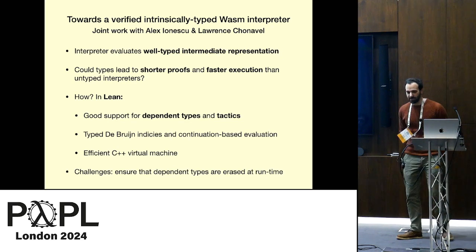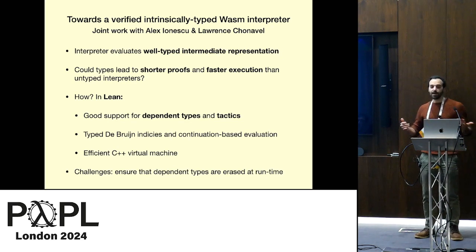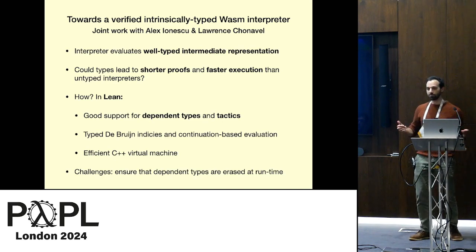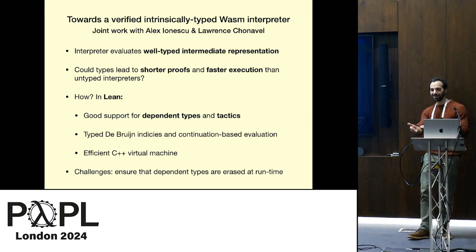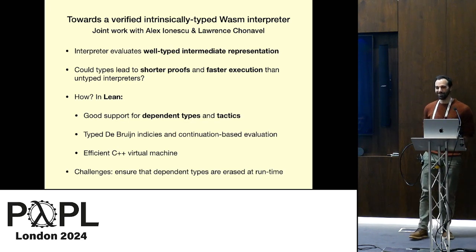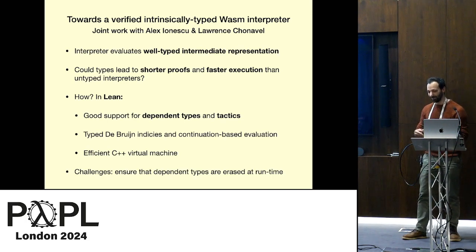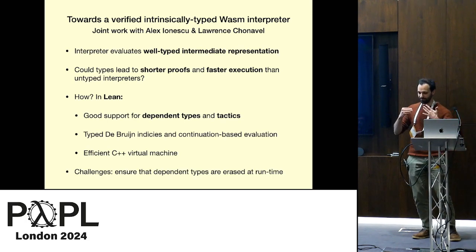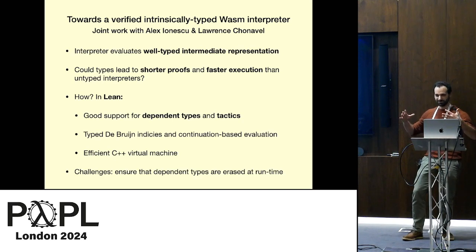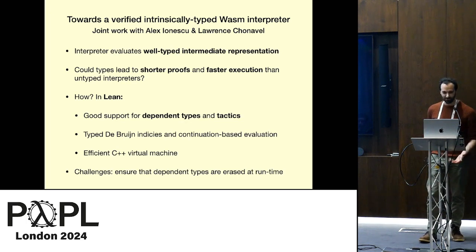And why are we doing that? Well, the question that we're asking ourselves is whether types can lead to shorter proofs. And Philippa, thankfully, I think I already answered that question today. You found that the intrinsically typed, verified interpreter had fewer lines of code than the extrinsically typed one.